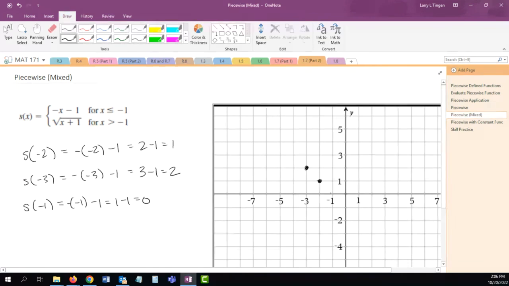So this is my end point. -1 is included in this limit, so that means this is a closed circle. And it goes right there, -1, 0. With those 3 points, I can now draw the line that I need.